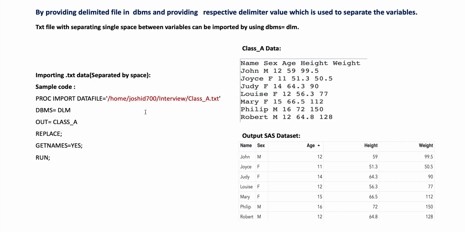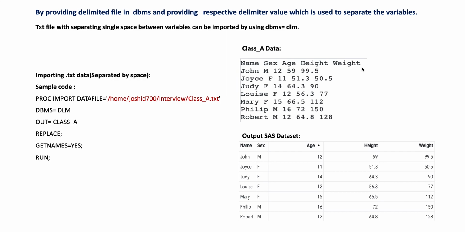We have to provide the file location with the extension inside the code. dbms dlm, out SAS dataset name, replace, getnames yes. That means we are trying to get the variable names as well, and run. When we run this simple code, we will get the result as shown on the right side, the second table, that represents the SAS dataset. It has 5 variables and 7 rows.